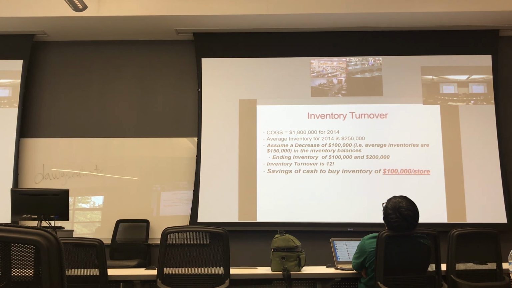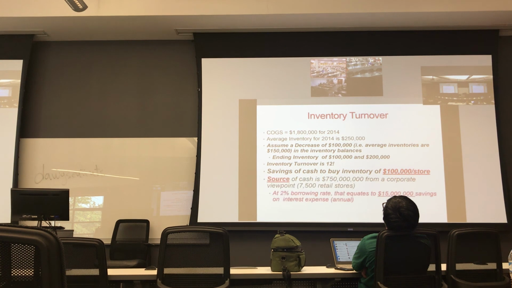If you decrease the ending inventory just $50,000, then you would have a turnover of 12, and that's a saving of cash to buy inventory of $100,000 per store. And again, $100,000 per store times 7,500 stores, I don't know how many they have now, but that's a lot of money.